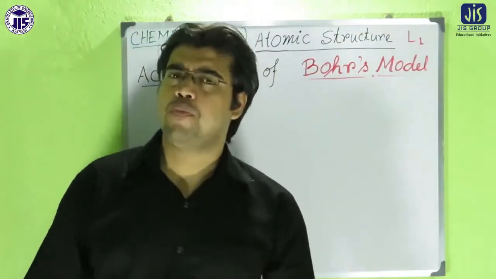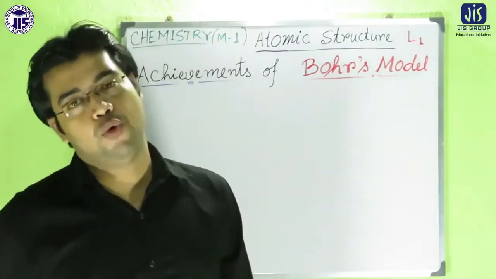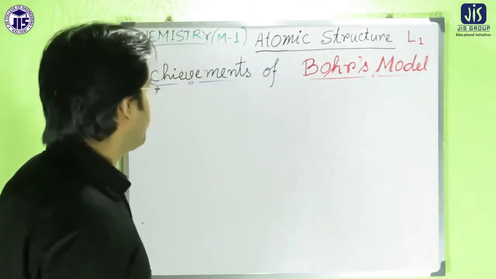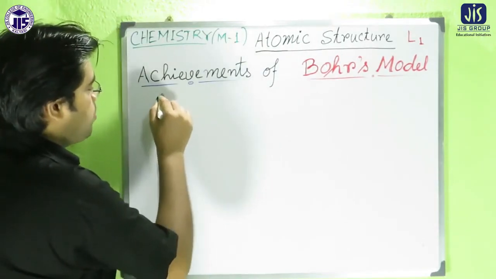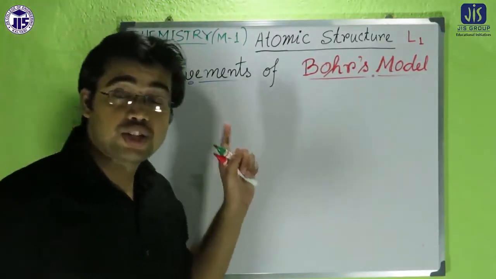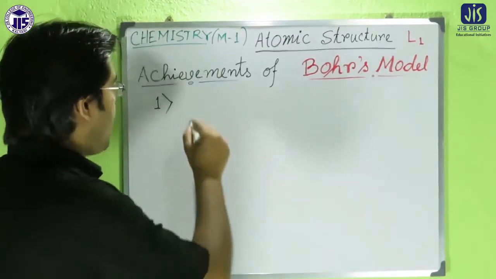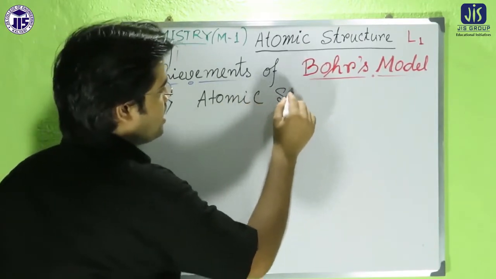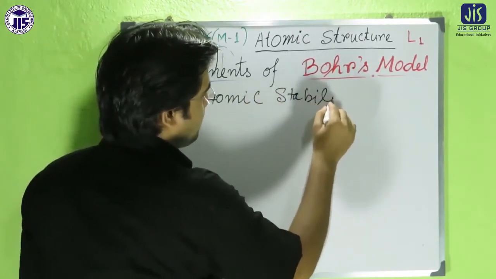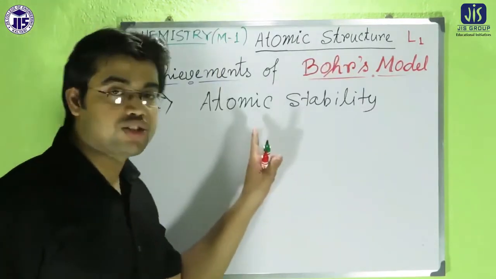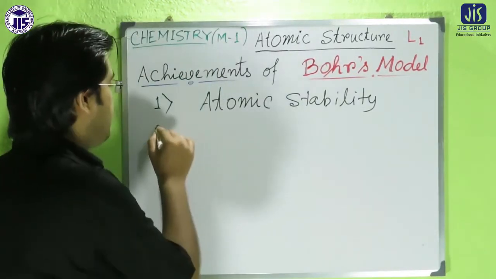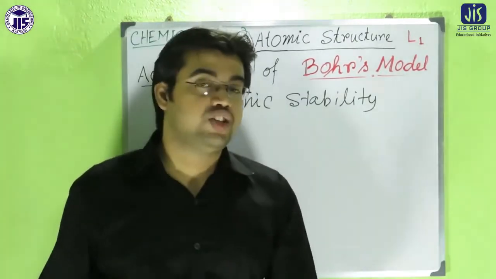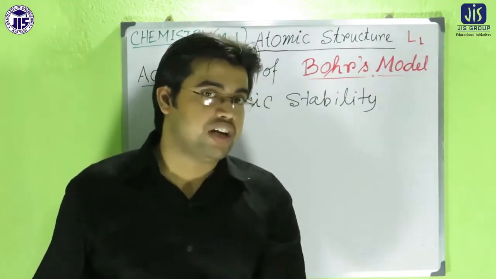Now come to the achievements of the Bohr model. There are so many achievements of the Bohr model. We will discuss one by one. First achievement: the Bohr model successfully explained the atomic stability. Second, the Bohr model successfully explained the generation of the line spectrum from the atom.